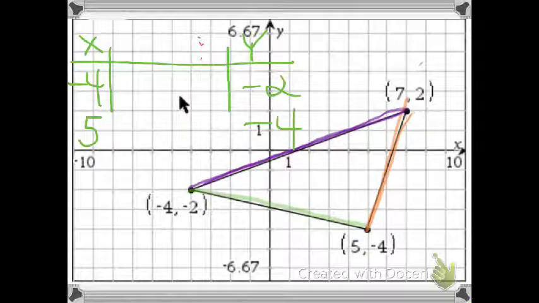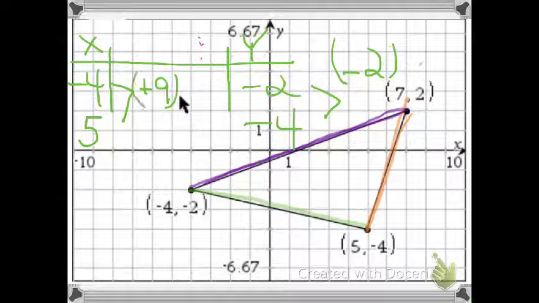Now, if you'll remember from last time, what do we do right here? Well, we got to figure out how far the X's are from each other. We got to figure out how far the Y's are from each other. Well, from -2 to -4, I decrease 2. I'm just going to put that in parentheses so I remember what to do with that. And then from -4 to +5, I have actually increased 9.